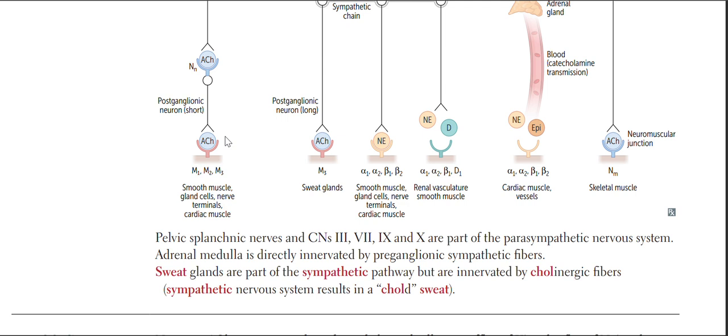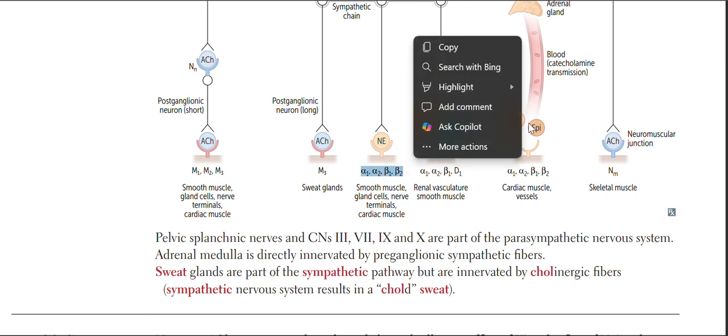And one thing about the parasympathetic nervous system is that the distribution is craniocaudal. That means only the brain and the sacrum. Those are the only locations from which you'll have parasympathetic activity. On the other hand, the adrenergic receptors, which use norepinephrine or epinephrine, are located in a thoracolumbar distribution.